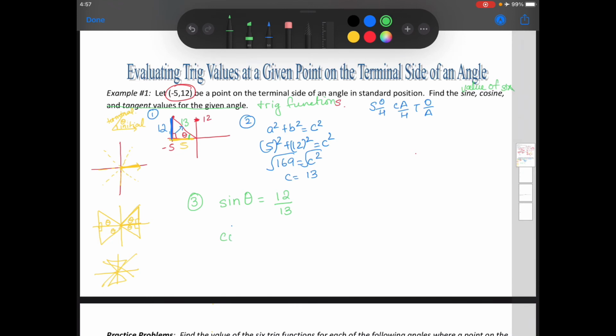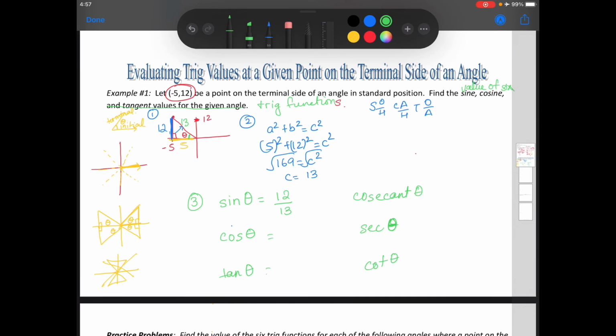Then I'm just going to write out all the functions: cosine, tangent, and then the reciprocal functions: cosecant theta, secant theta, and the last one is cotangent theta.